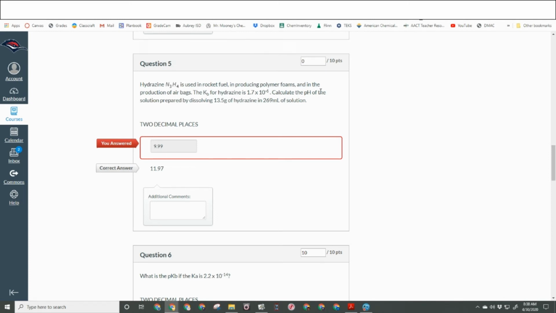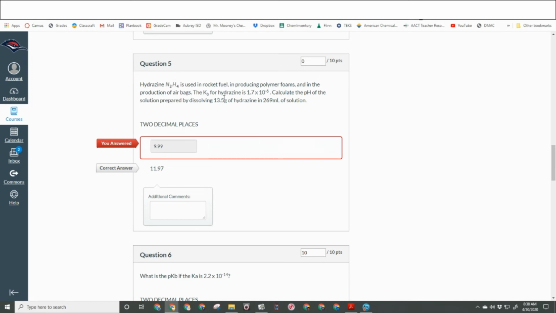Calculate the pH of the solution prepared by dissolving 13.5 grams in 269 milliliters. Same exact way. So I'm just going to explain here how to set this up and what to do with all these numbers, and then you can do the ice chart and the calculations.